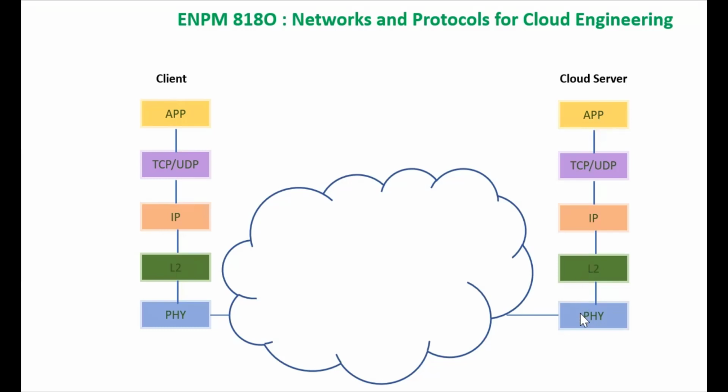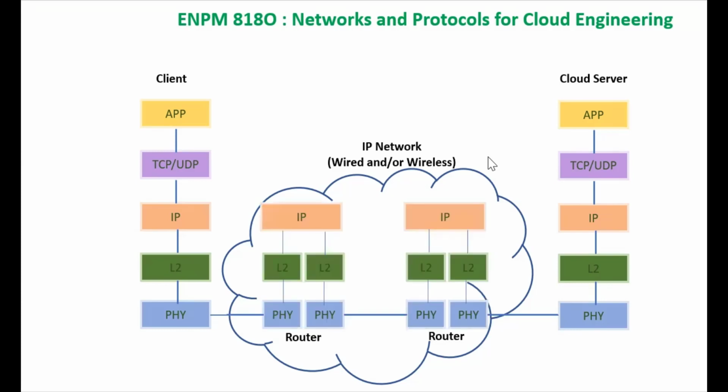And that is shown on the right-hand side of the chart. And of course, you'll learn everything that happens in between the client and the server, which is shown in this big blob, which essentially is the IP network that is there between the client and the cloud server. So we'll learn everything about what happens inside the IP network between the client and the server.